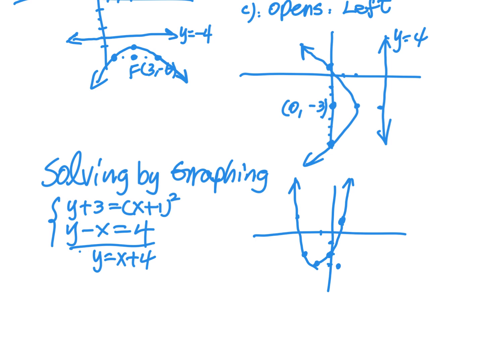Negative 3, y should be 1, so it's not gonna be. This one is right here. And this one is negative 3 and 1. And this one is 2, 6. So that's the 2 graphs. If you have a grid, it's easy. You just see the pattern and keep going. Okay.